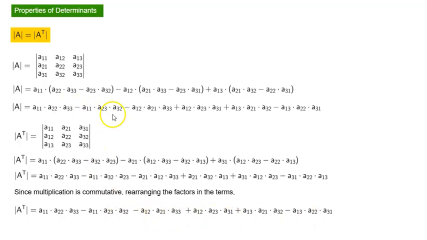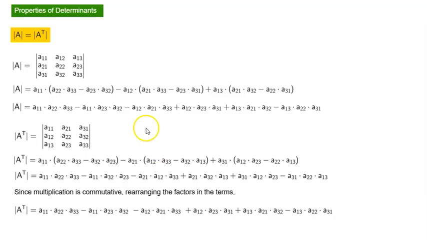Now compare the determinant of A and the determinant of its transpose. Let's compare it term by term. A11 times A22 times A33: these two are equal. Let's look at the second term, A11 times A23 times A32. They are also equal.